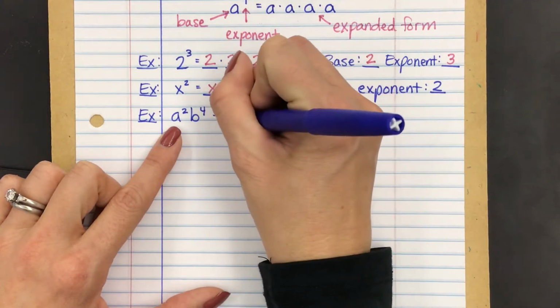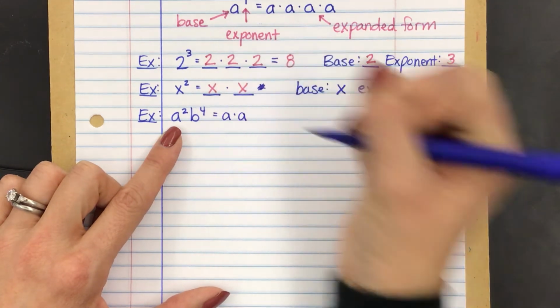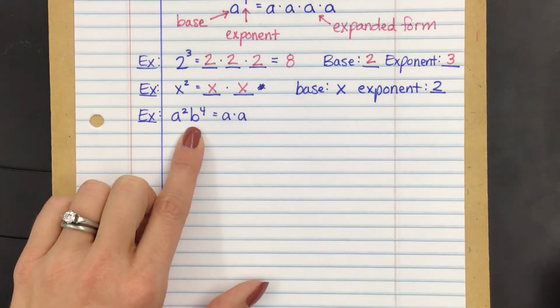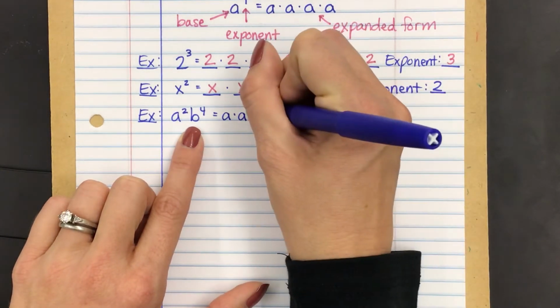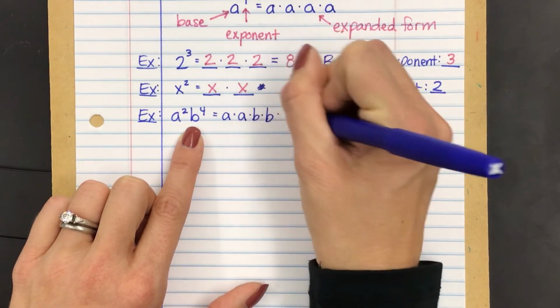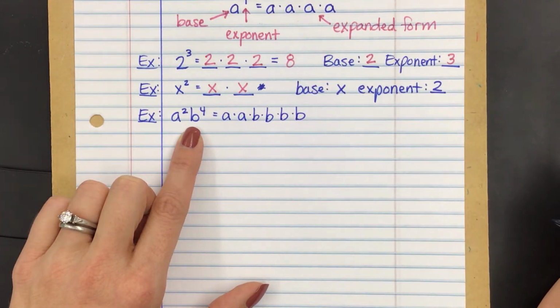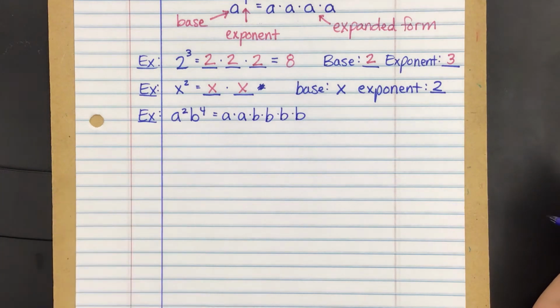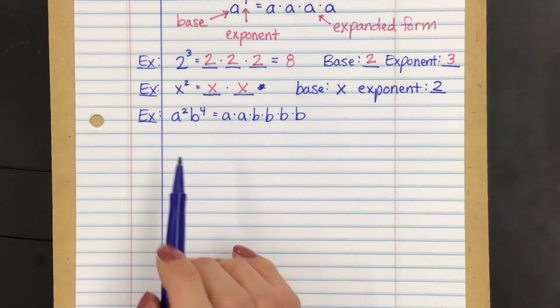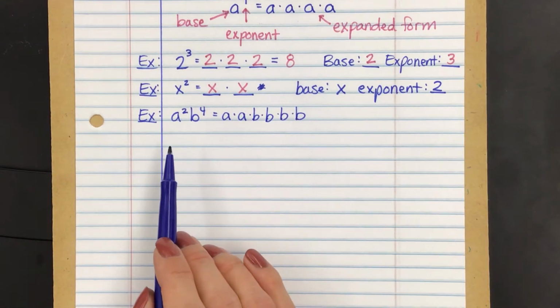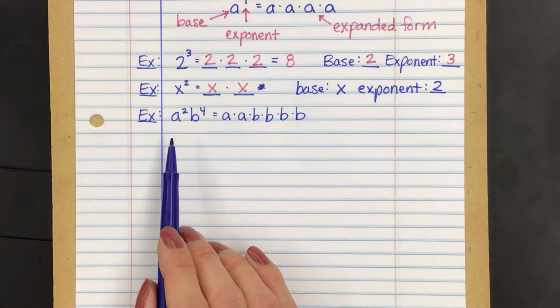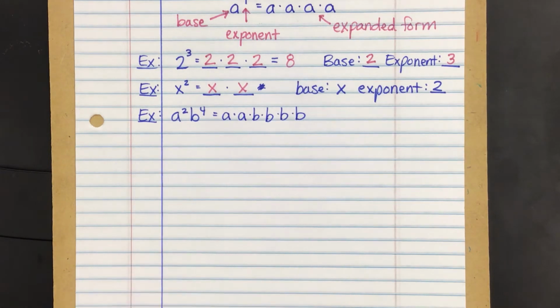So a times a. And then you have b multiplied together 4 times. So times b times b times b times b. You can't solve this because we don't know what a and b are. But in this case, we have 2 bases. What are our 2 bases? A and b. And what are the 2 exponents? 2 and 4. Fabulous. Great.